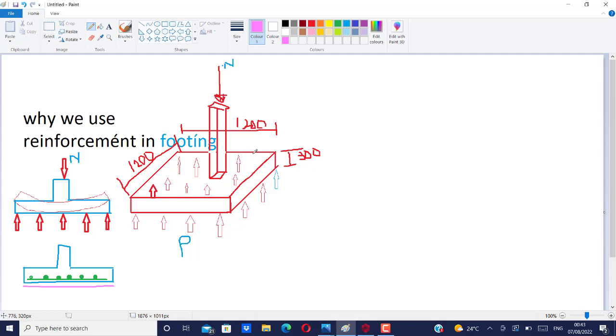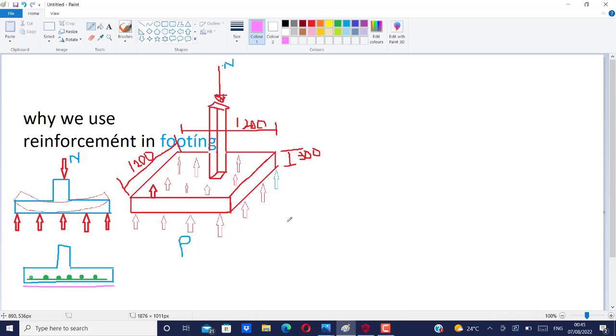And once the footing cracks, there is tendency that the column within that area can settle, which can lead to either a collapse or cracks throughout that portion where the footing is supporting that column. These are things we don't want to happen. So that is why we provide reinforcement in footing to take care of what? Bending moments.